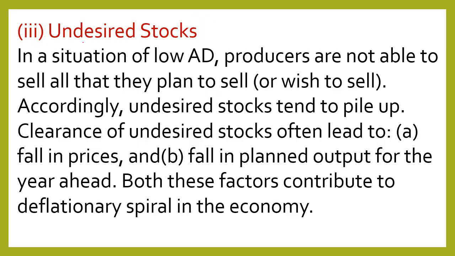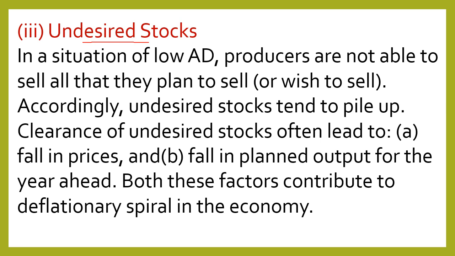Now see, the third consequence is undesired stocks. This we have already read: if AD would be less than AS, then producers will not be able to sell their complete stock. Some stock will be left with them, and to clear their stock, they would reduce the prices and plan a cut in production.